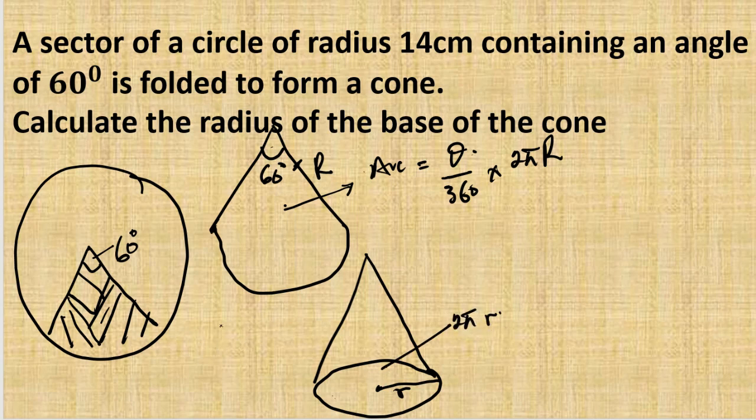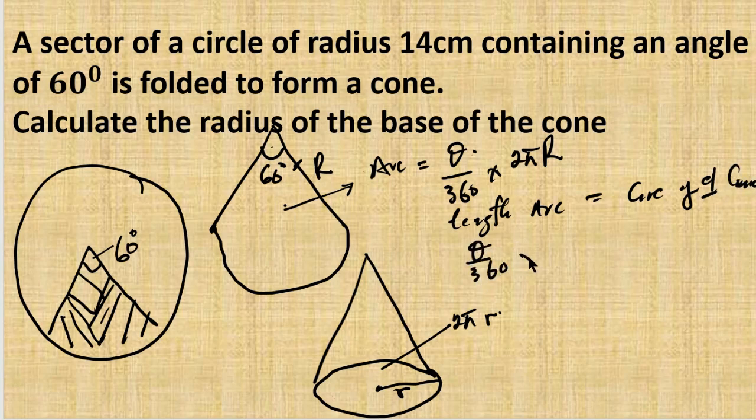Now, we note that the length of the arc of the sector is equal to the circumference of the base of the cone. So we're saying that theta over 360 times 2 pi R is equal to 2 pi r.